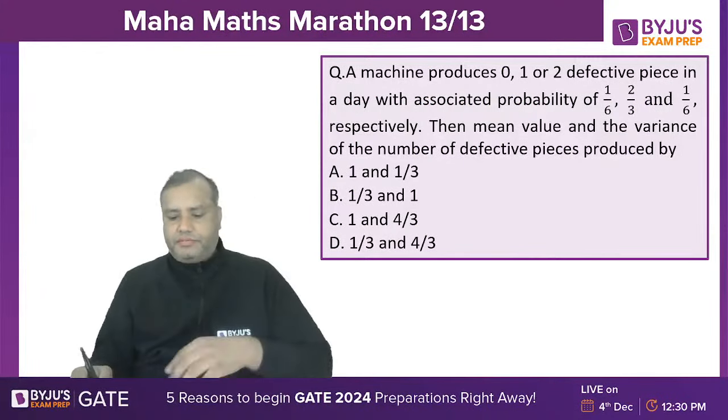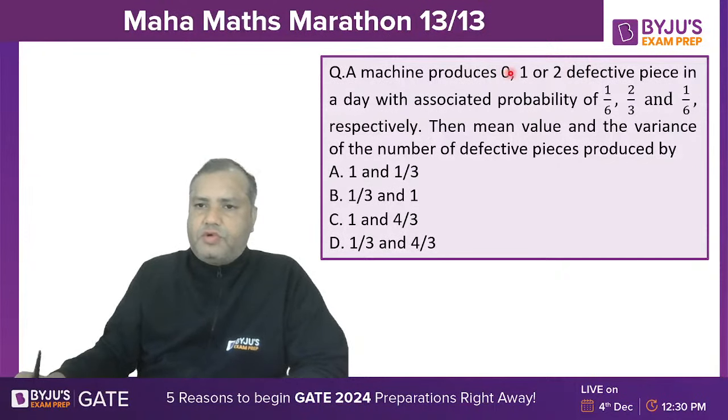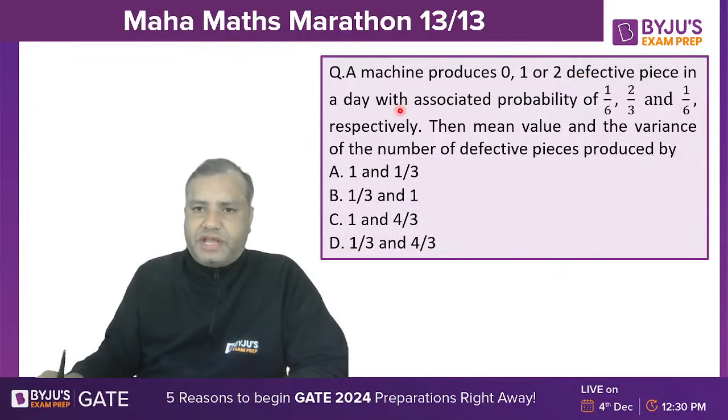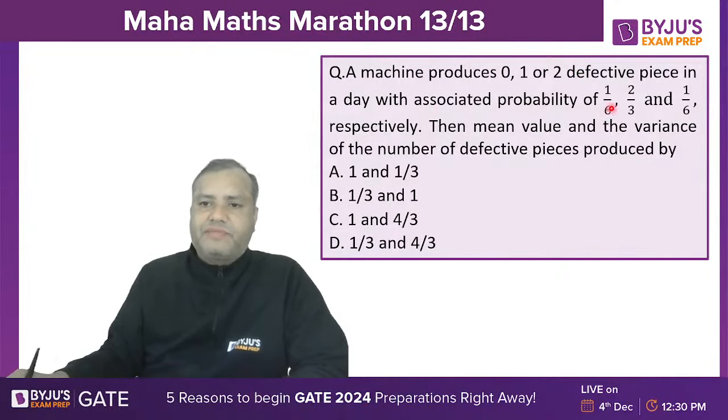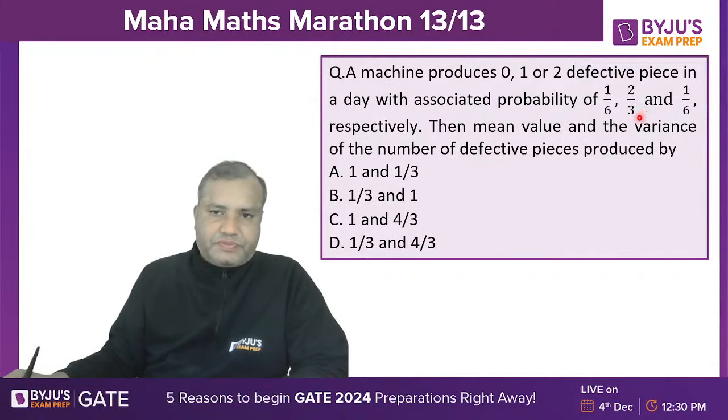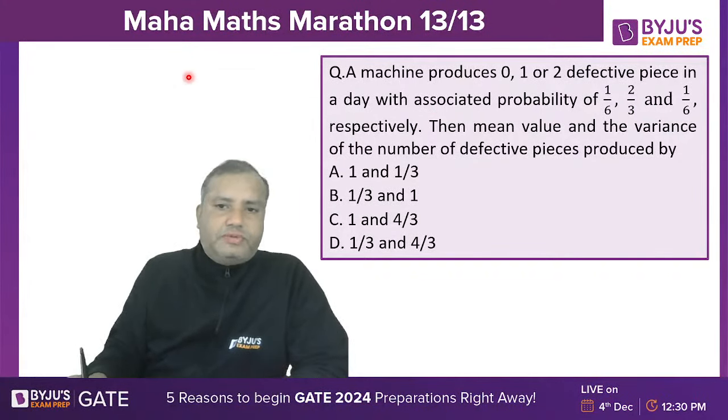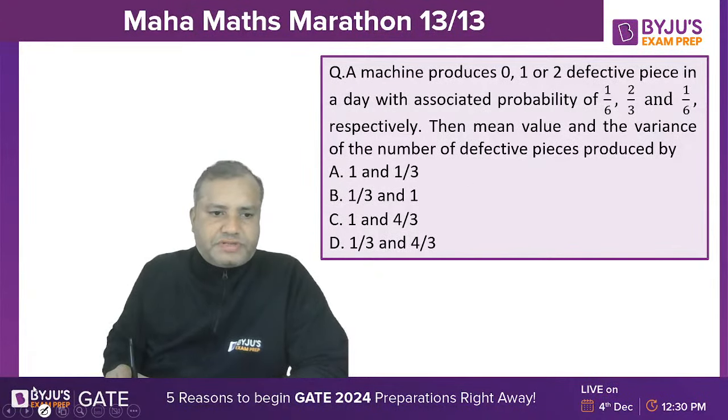A machine produces 0, 1 or 2 defective pieces in a day with associated probabilities 1 by 6, 2 by 3 and 1 by 6. Students, what we will do? We will just denote the number of defective pieces by x.